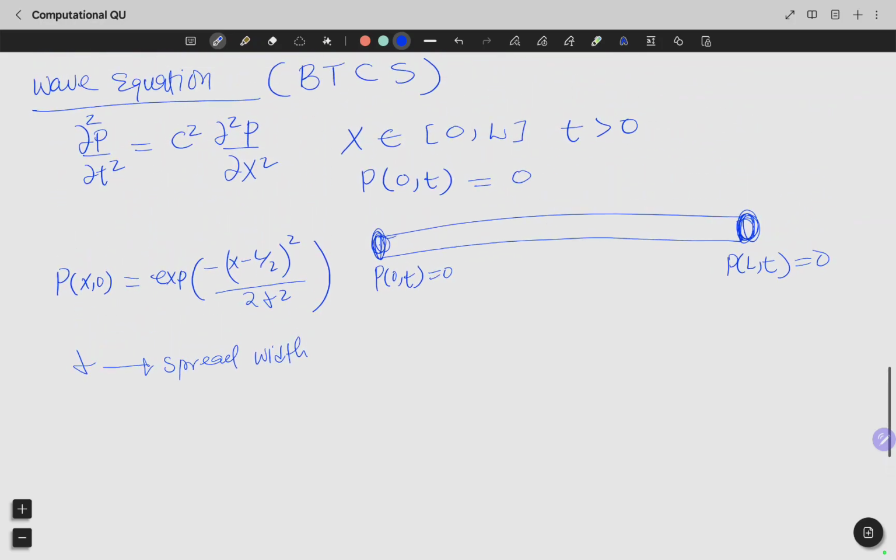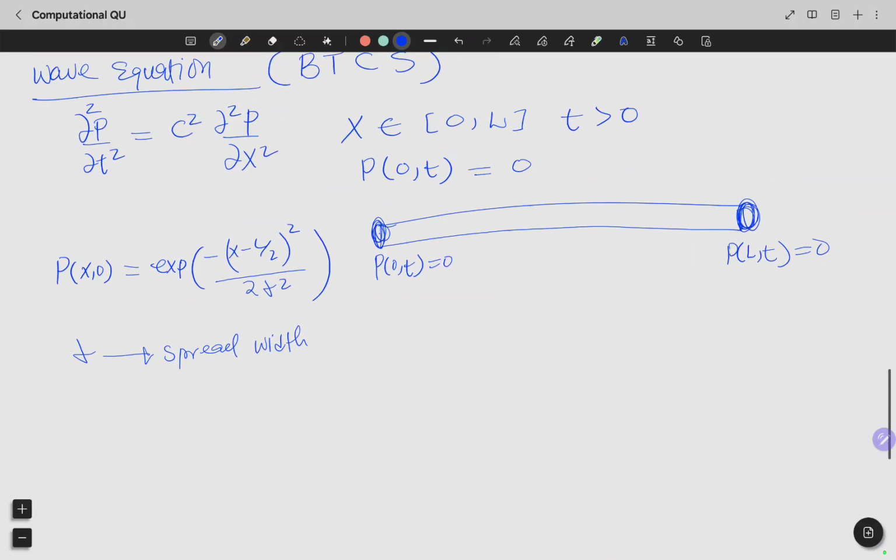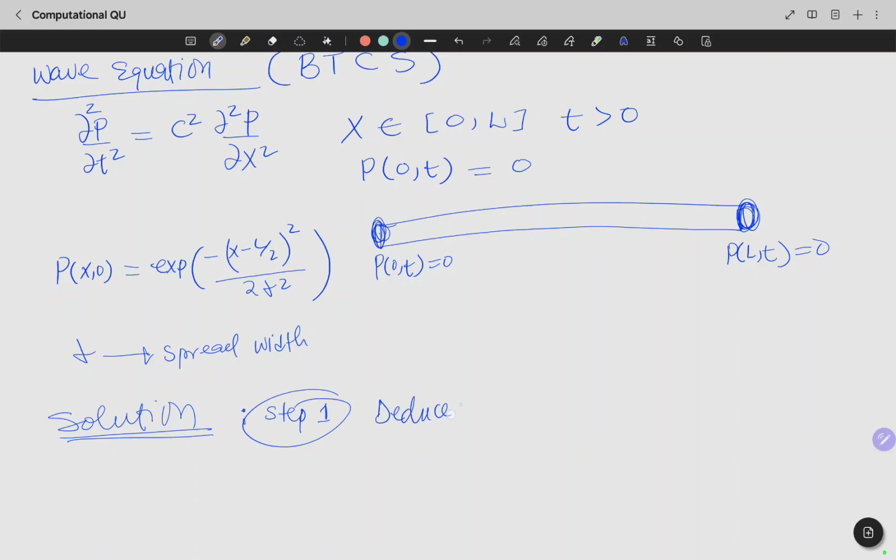Now, how do we go about this? Well, first, step 1: let's call this equation 1 maybe.